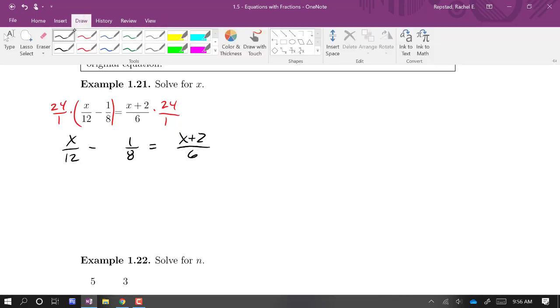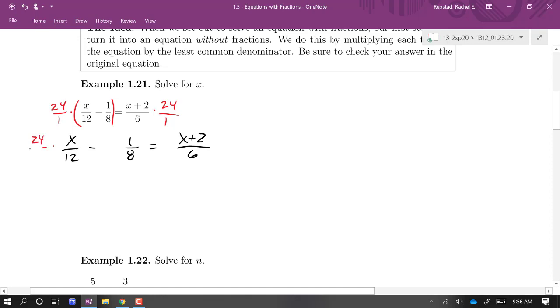Which means every term gets zapped. And then 12 goes into 24 twice, 8 goes into 24 3 times, 6 goes into 24 4 times. And now we've got 2x minus 3 equals 4 times x plus 2.